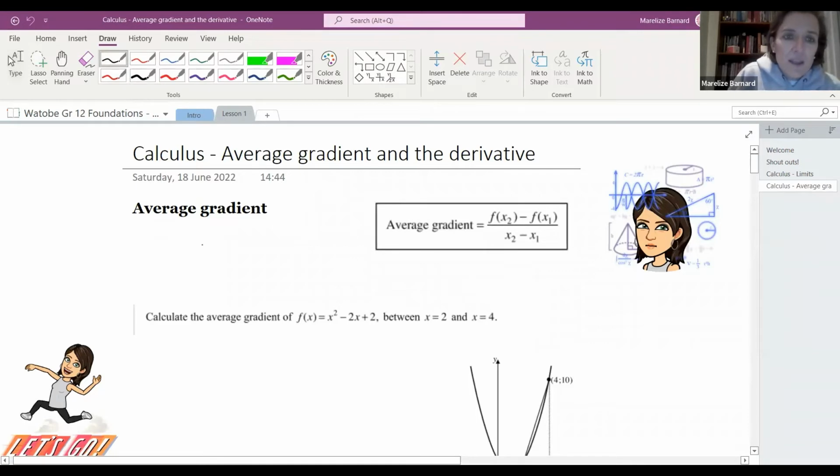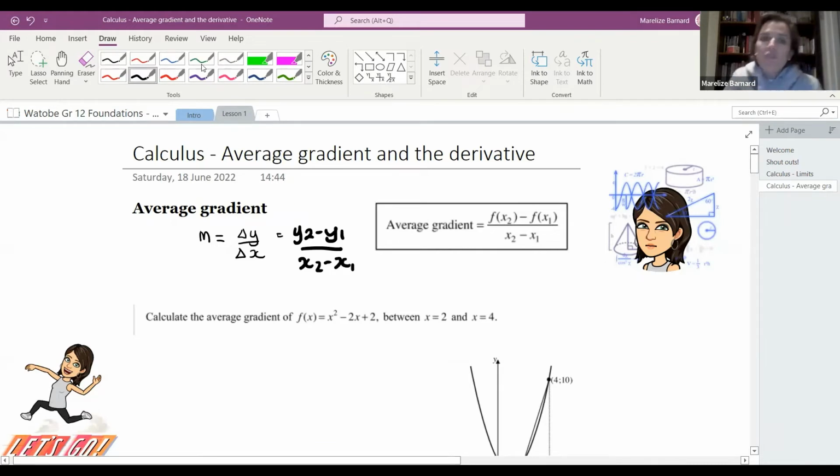And the average gradient really is just something you have been doing for a while, since grade 9 or so, where we had the gradient, which was m, and we said the gradient is the change in y over change in x. We also recently did this when we did functions and analytical geometry. And the change in y over change in x was y2 minus y1 over x2 minus x1.